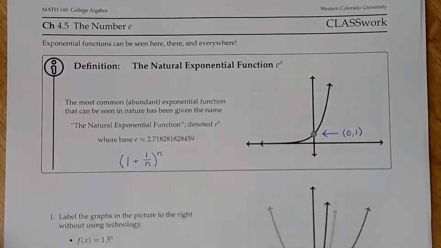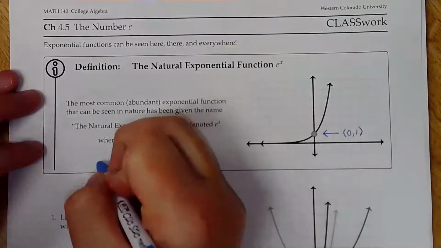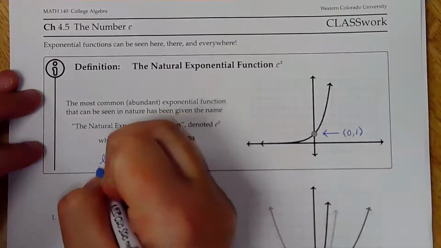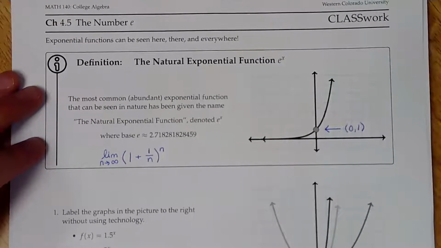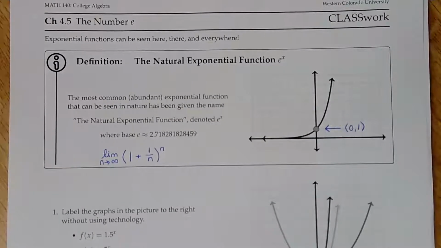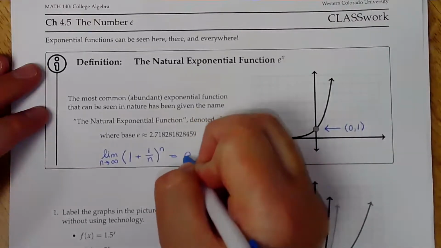It could be number of minutes, number of seconds. That number could be really, really large. And if we make that number super large, that's the same idea as replacing those n's with infinities. So you'll probably remember this limit notation from earlier in this section. If we just let n get enormously large, what this ends up being is e.